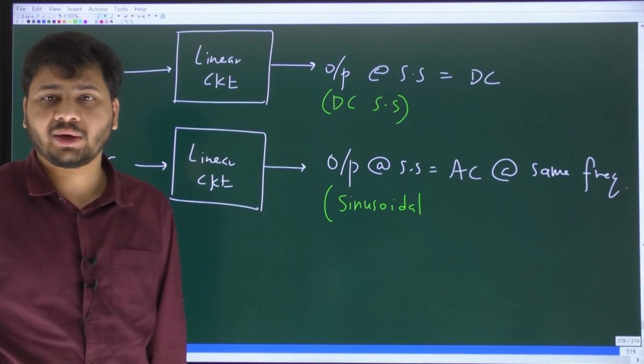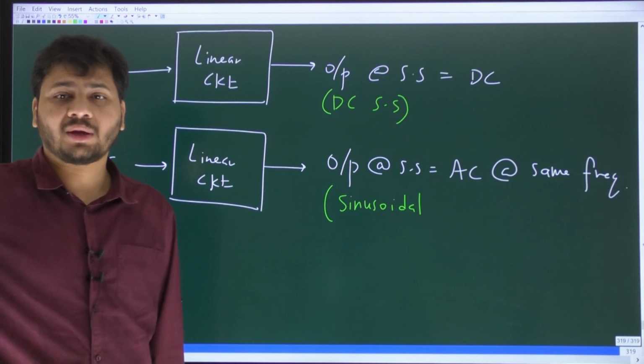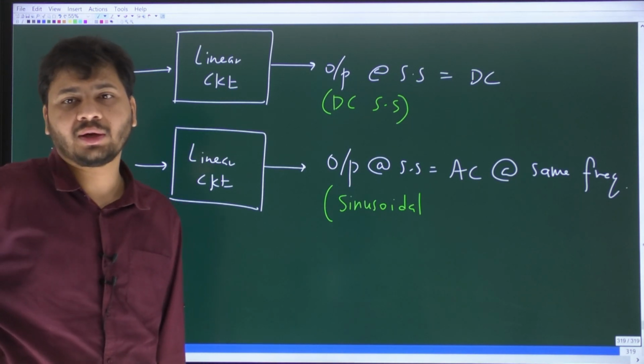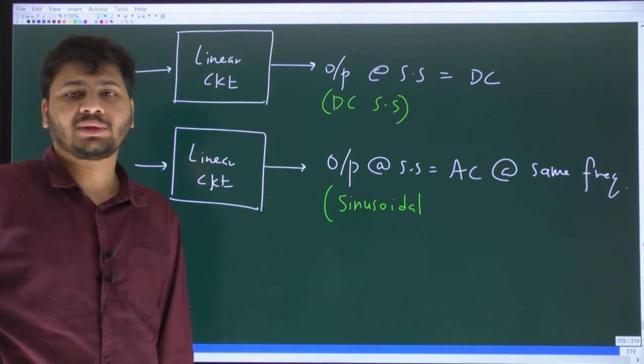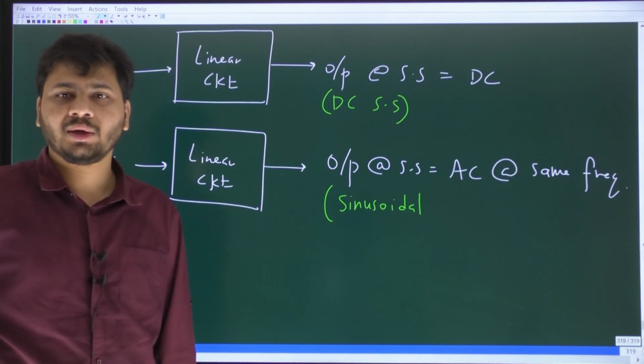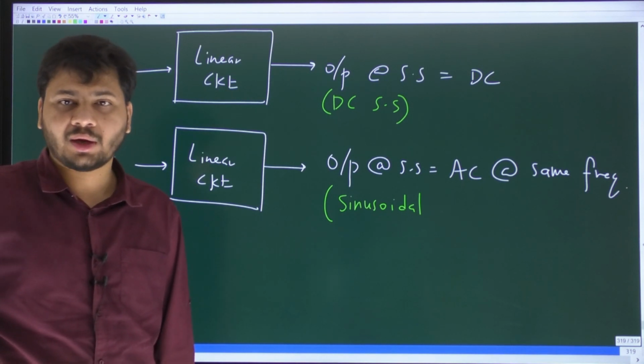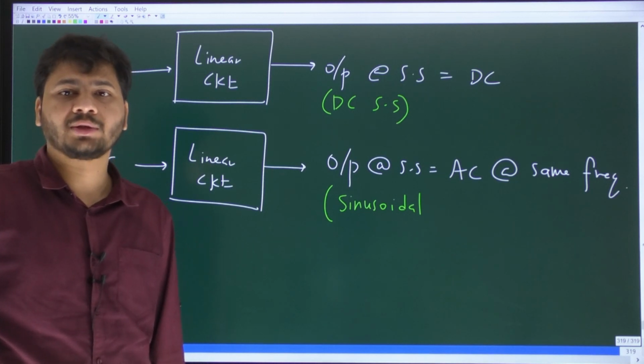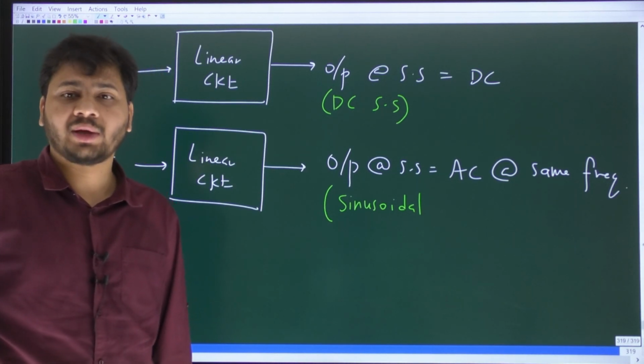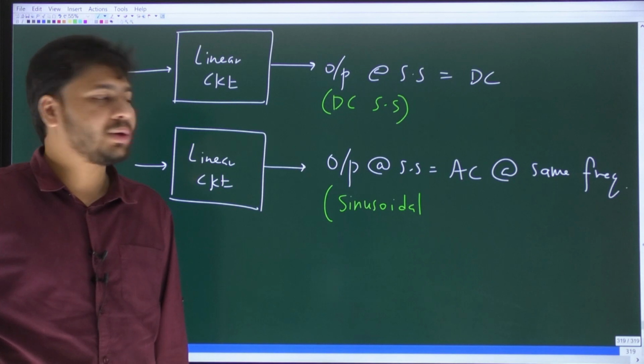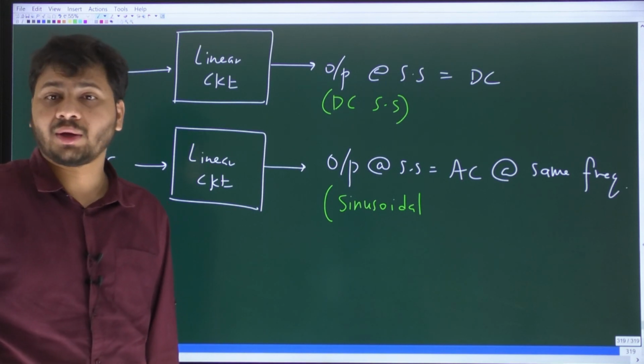sinusoidal steady state analysis. That is, when the circuit reaches sinusoidal steady state, what are the different voltages and currents going to be? That is the main objective of this topic. It is to find various voltages and currents in the circuit when the circuit reaches sinusoidal steady state.